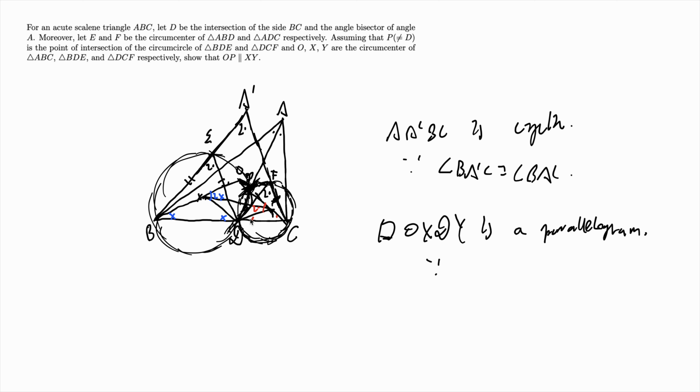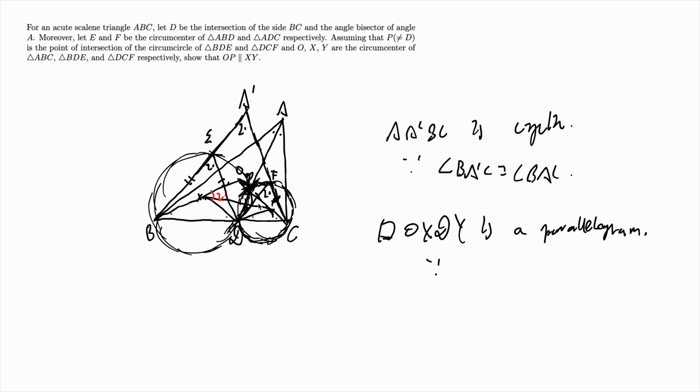Okay, so that's what we know. However, notice that BOC is also an isosceles triangle, which means the angles that I'm indicating right now in red are all equal to each other.